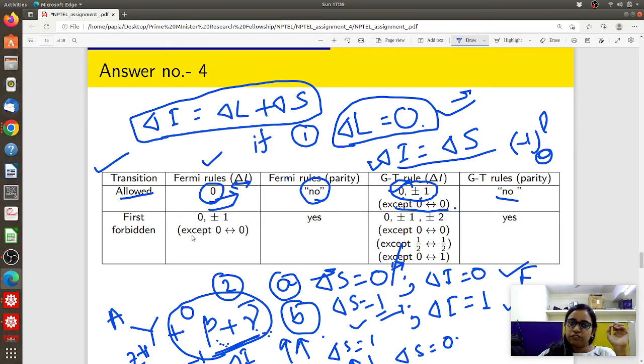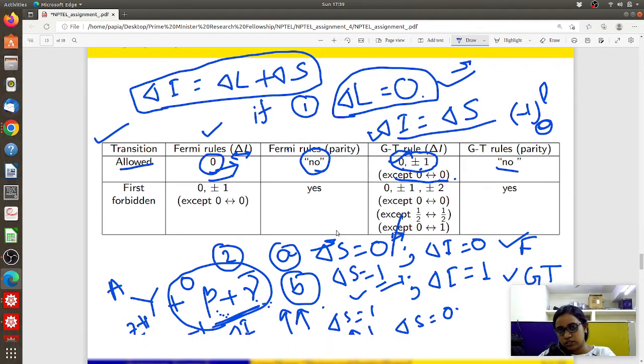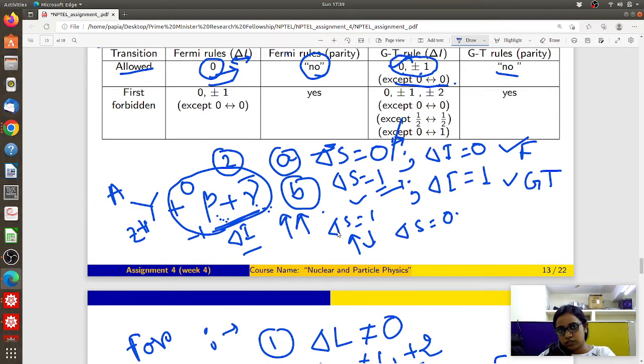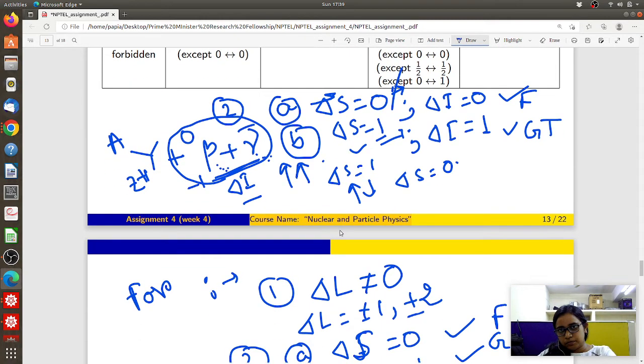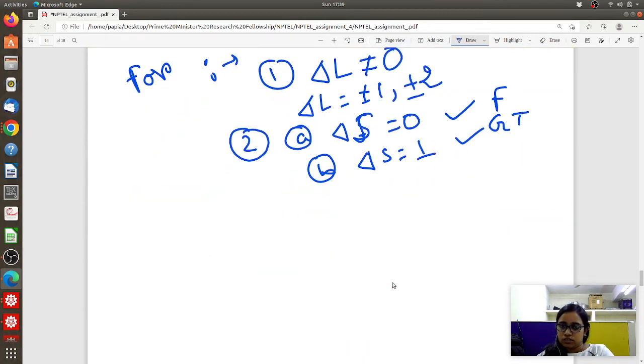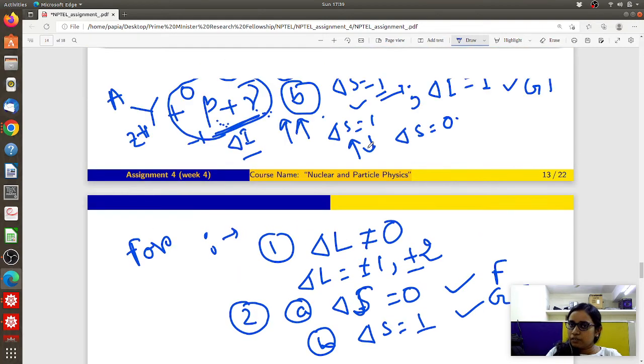Now coming to the first forbidden. First forbidden means that delta L should not be 0, so parity will be changed here.